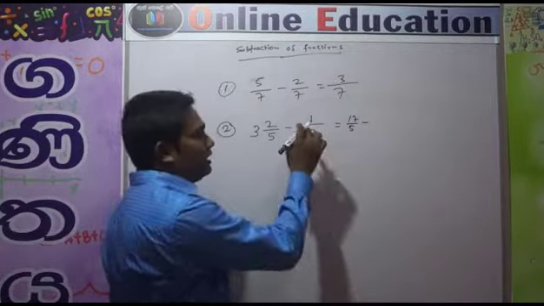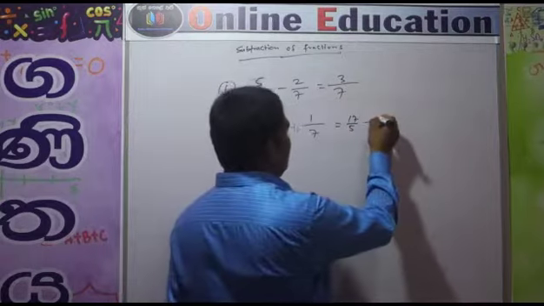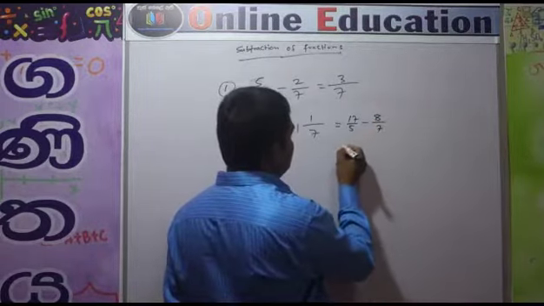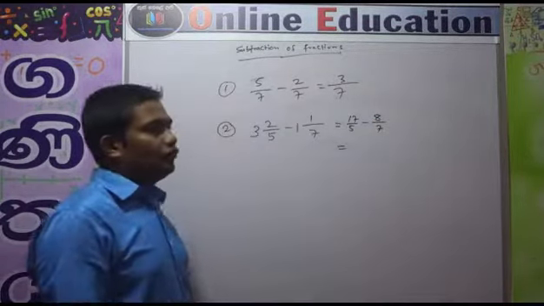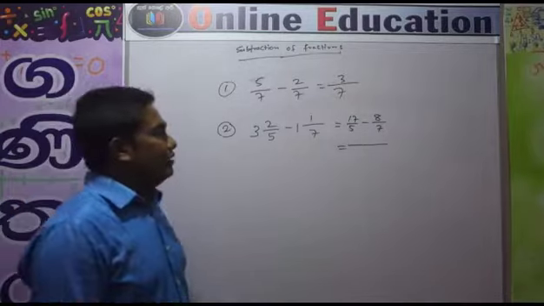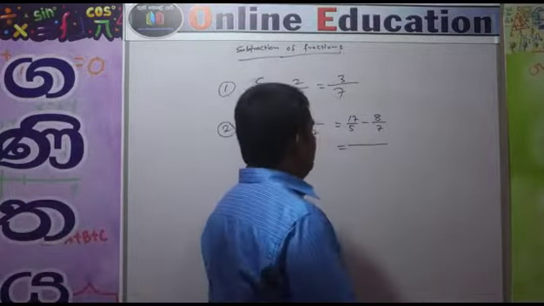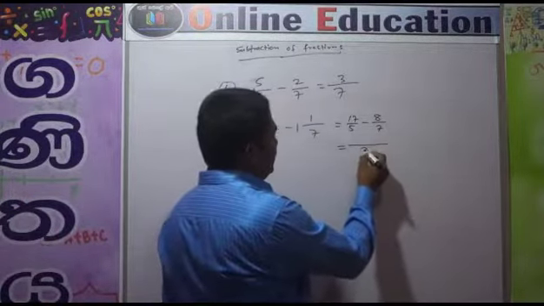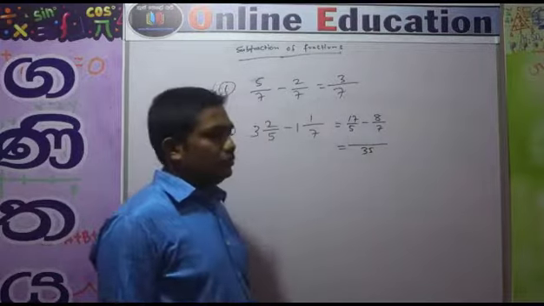Minus 7 times 1 is 7, 7 plus 1, 8, 8 over 7. Right, now we need to find the common denominator of 7 and 5. By multiplying 5 and 7, we can find the common denominator. That is the common denominator, 35.